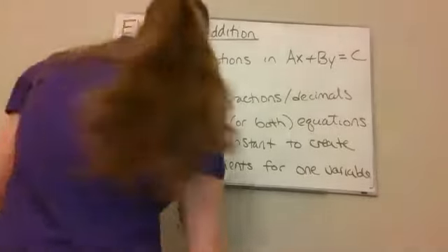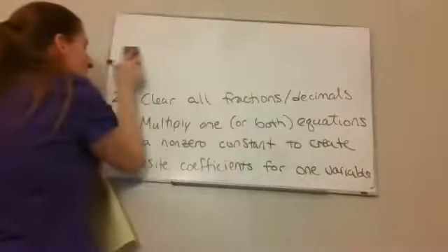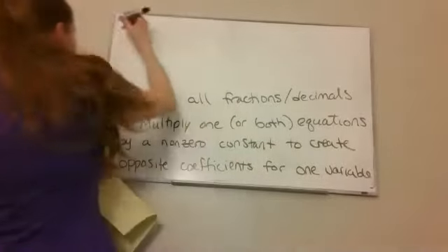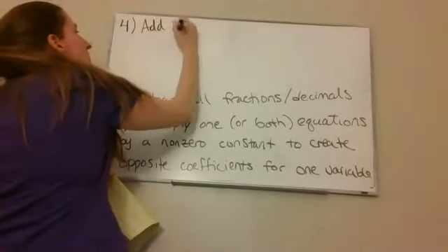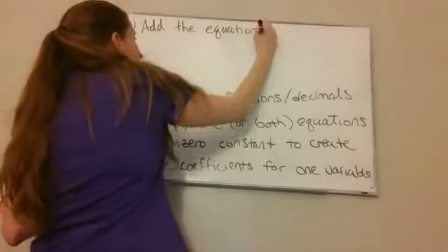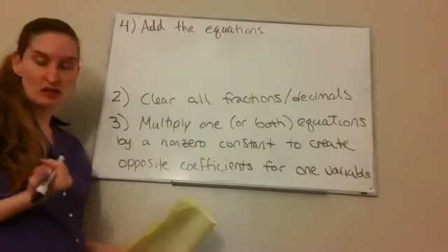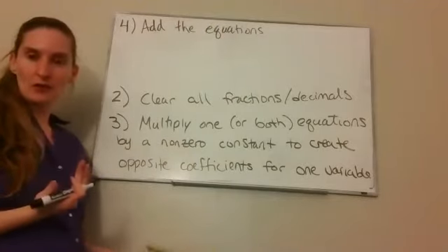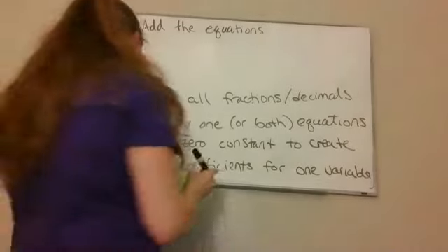The reason for that is because step 4 is to add the two equations together. So if you've made it so that the coefficient on one of your variables is opposite in the two equations, when you add the two equations together, that variable is going to completely disappear.